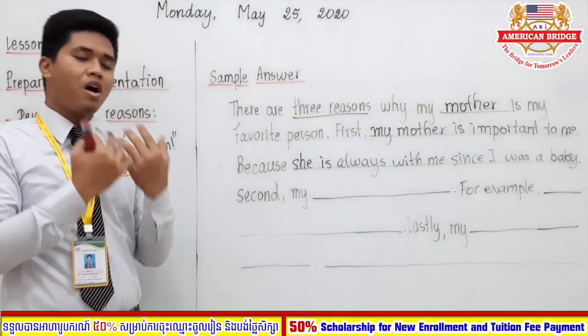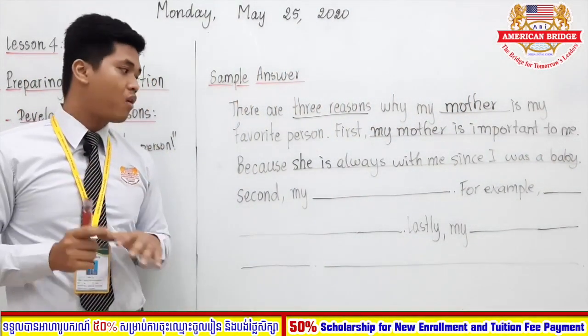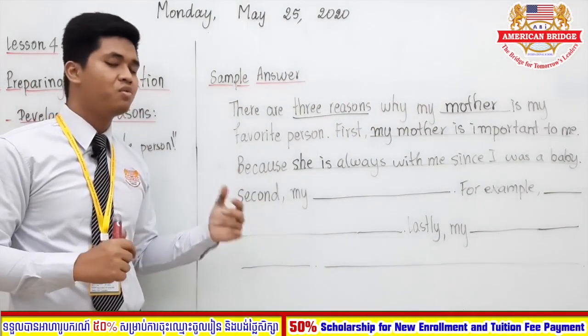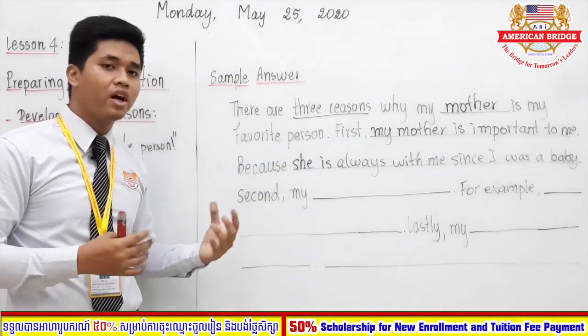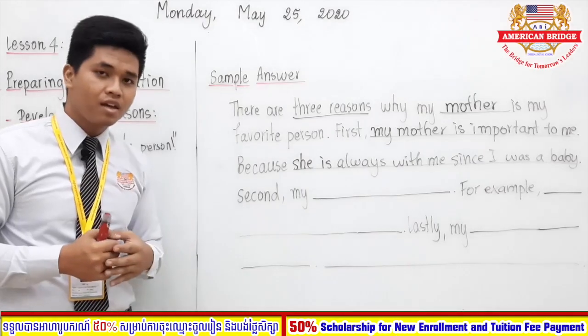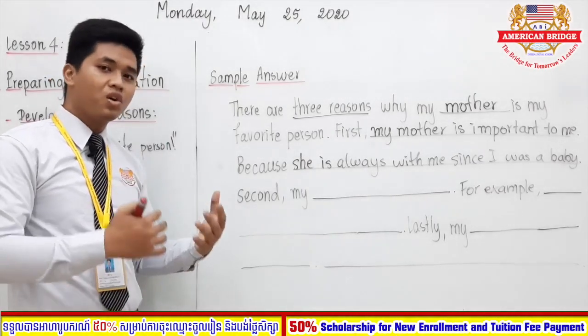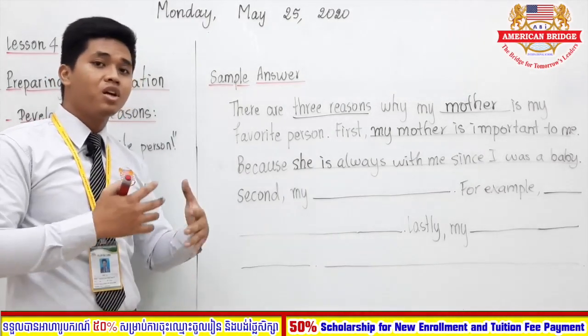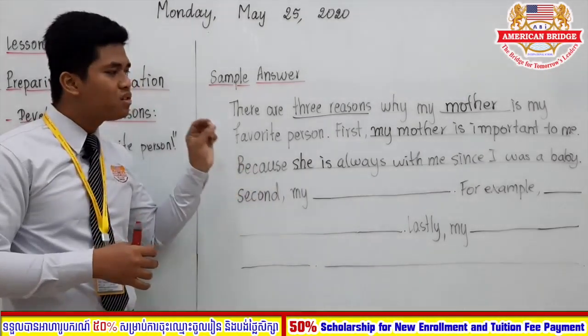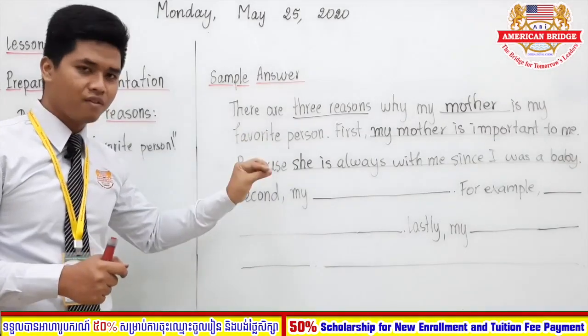I cannot grow up like who I am now without my mom. She's very important. Without her, I don't know where I would be today. She looked after me, she gave me food, she gave me clothes, she gave me good advice. So she is the most important person in my life.